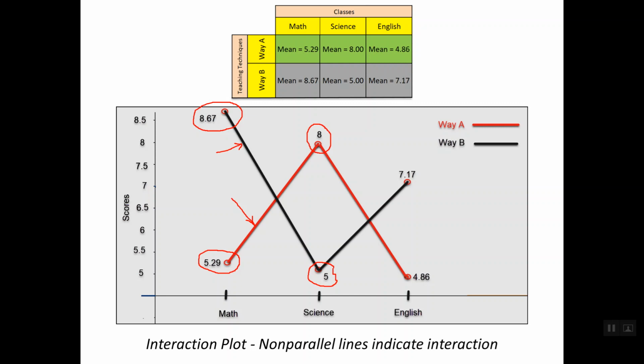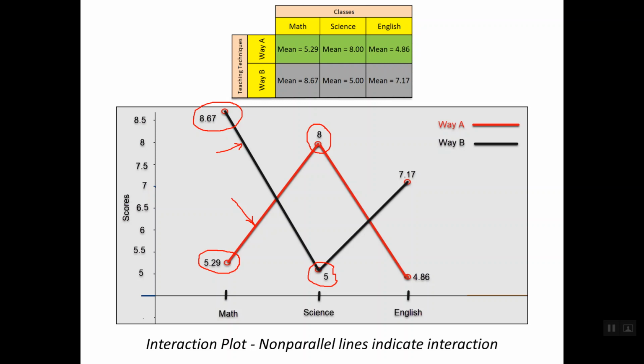So as you notice here, way B for the math is better than way B for the science. Way A for math is less than way A for the science. So this is the meaning of the interaction.